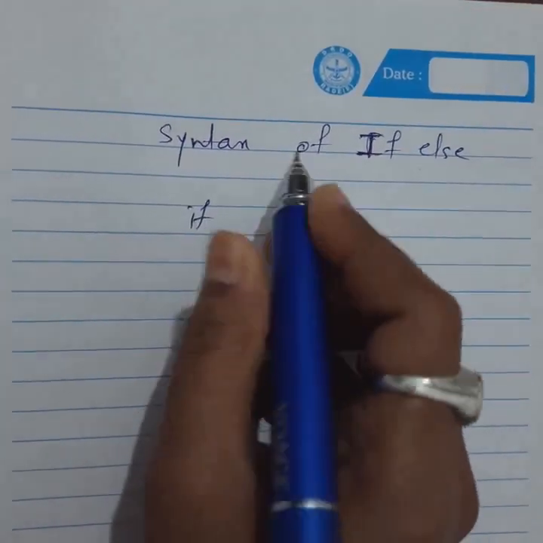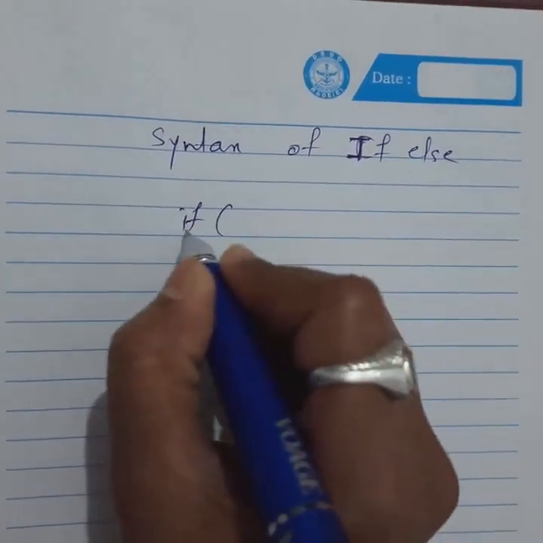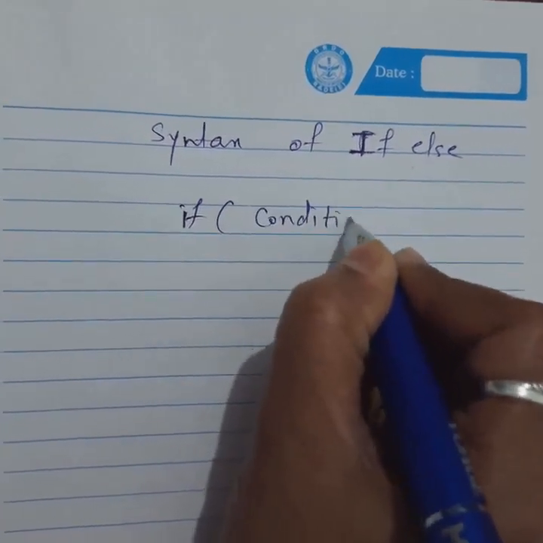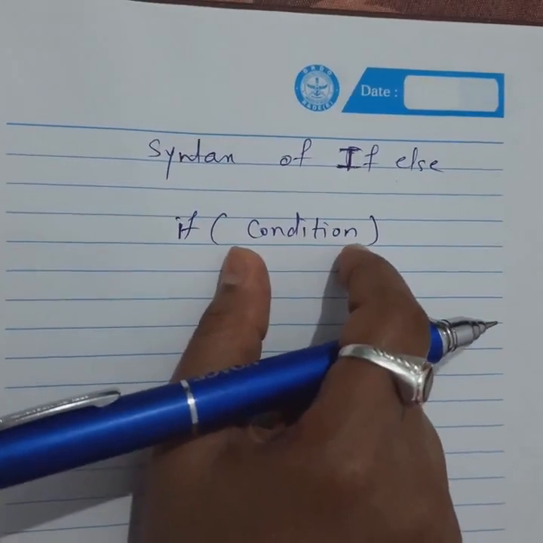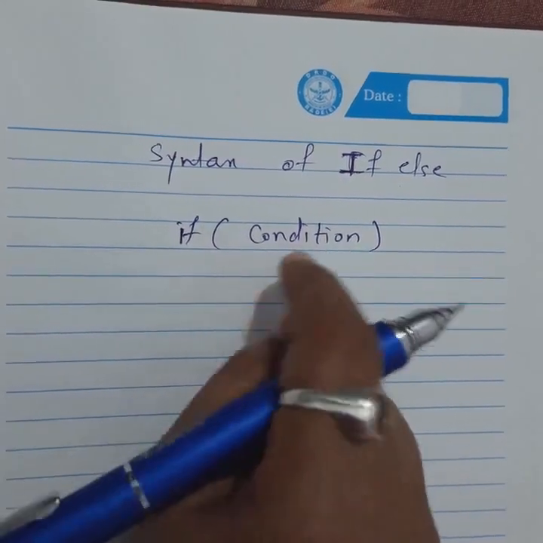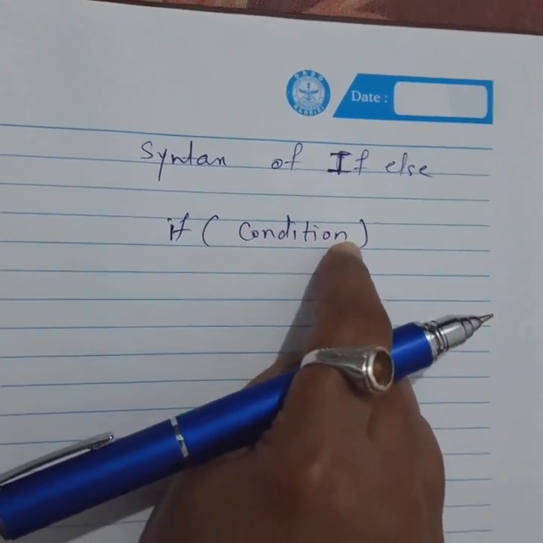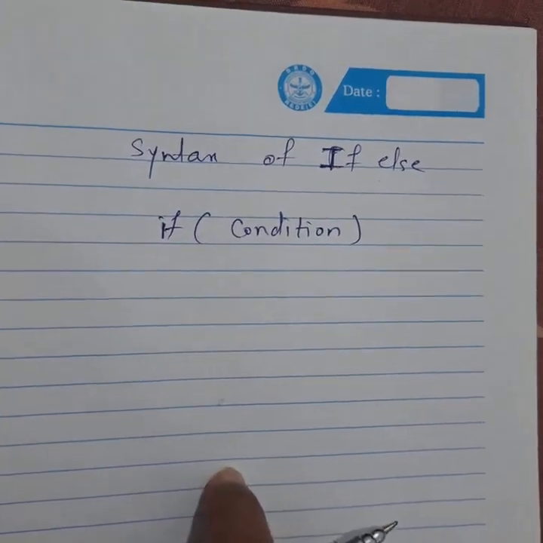Starting with the if keyword, the condition will come here. I write a condition, that is whether the number is even or odd. If number mod 2 is equal to 0, that number is even. In the else part, that number is odd.